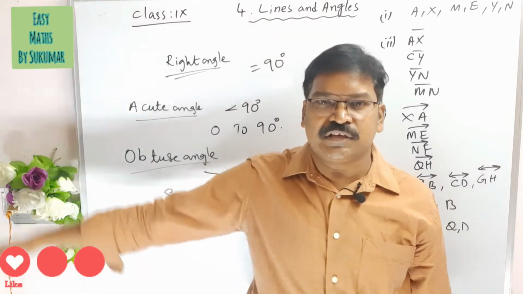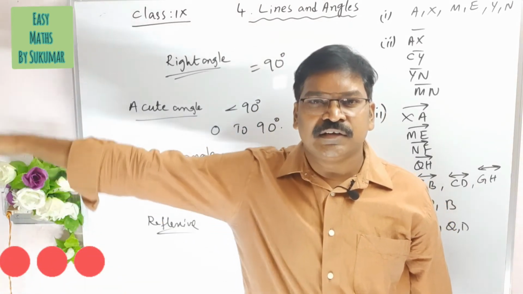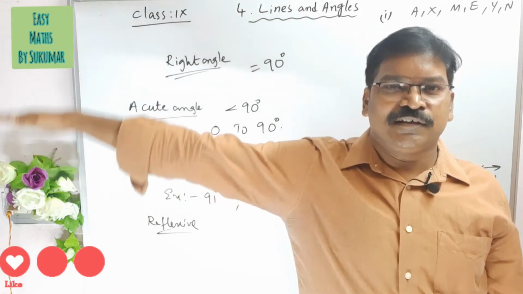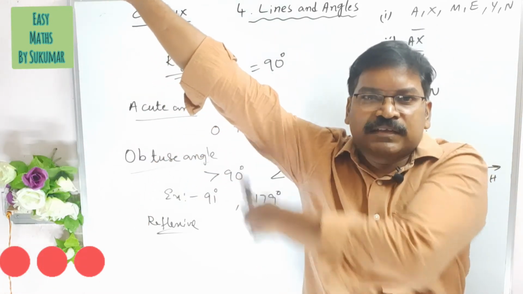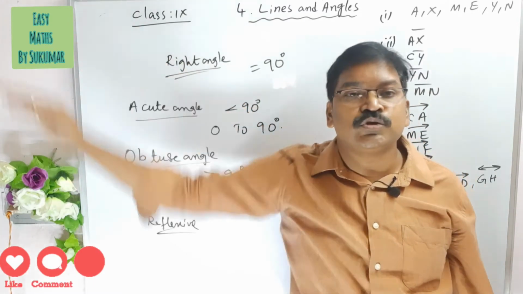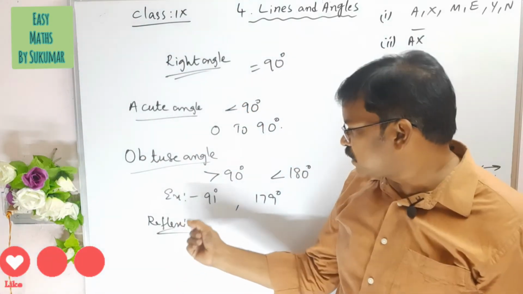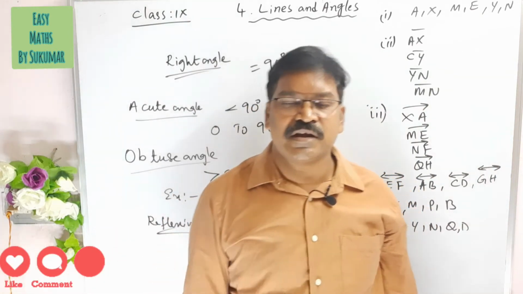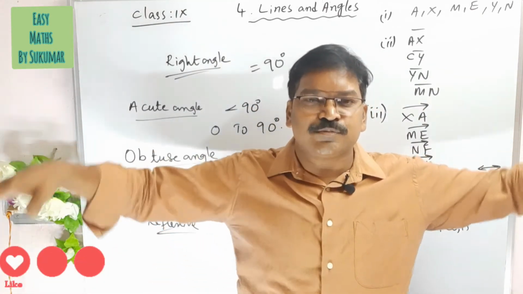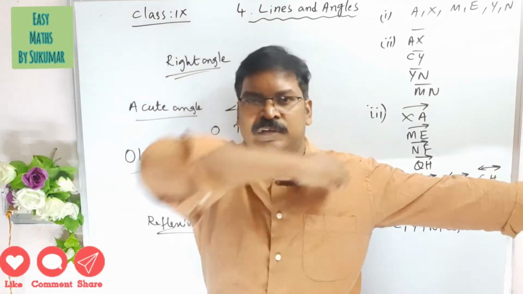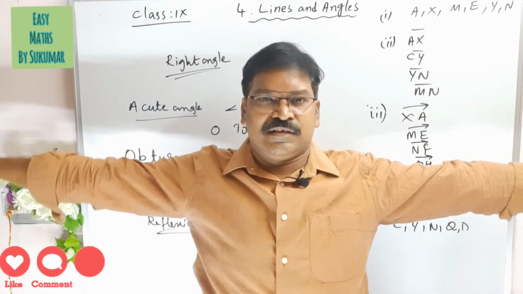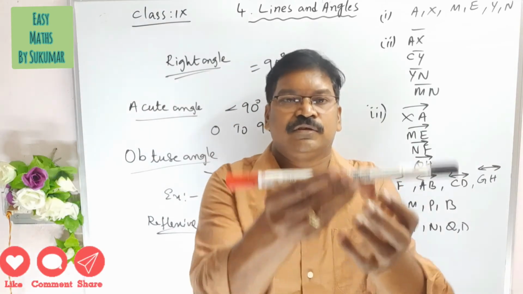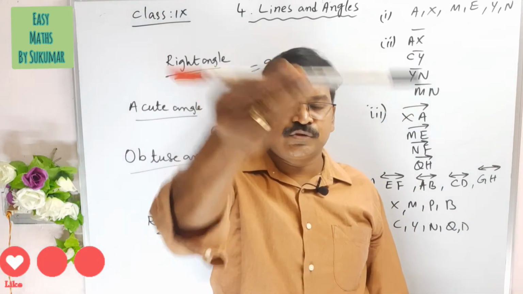An obtuse angle is greater than 90 degrees and less than 180 degrees. 180 degrees means a straight line, like the angle between my two hands. Straight line, 180 degrees, my dear students.